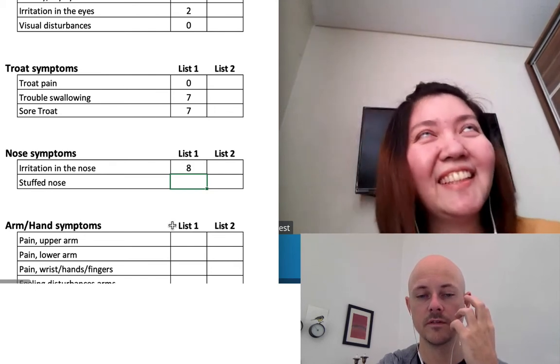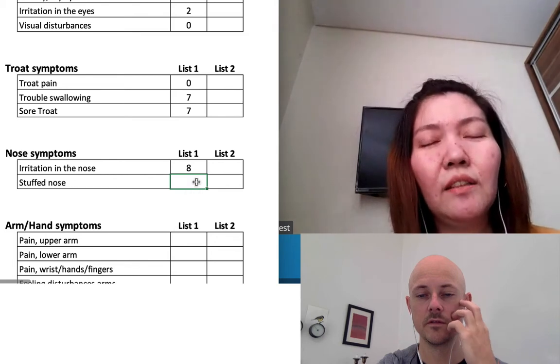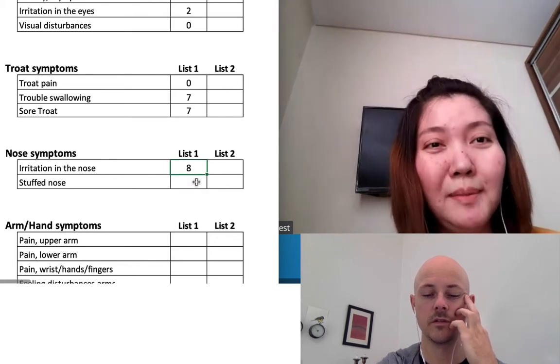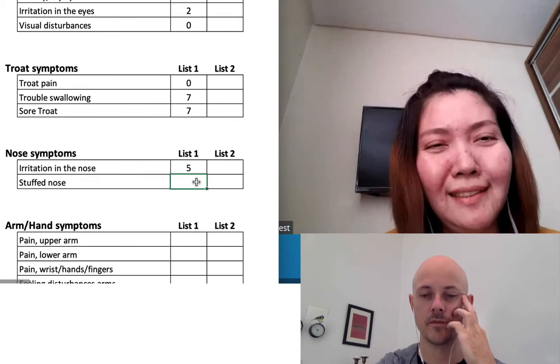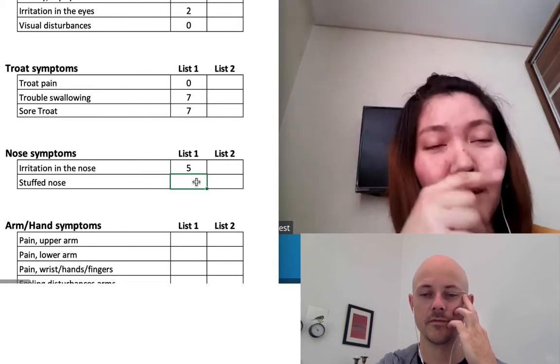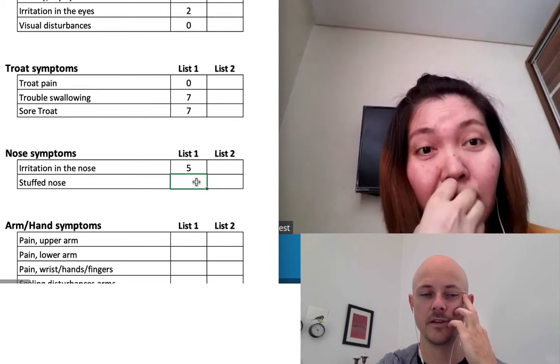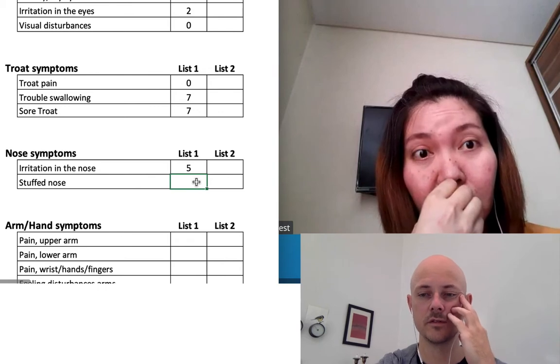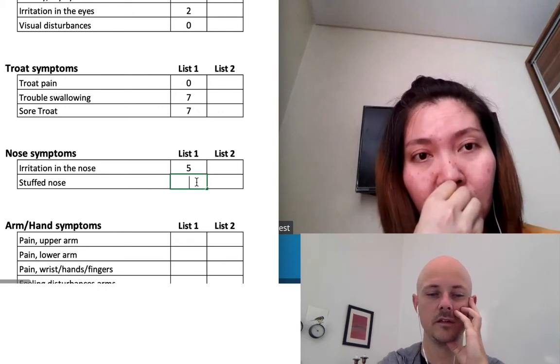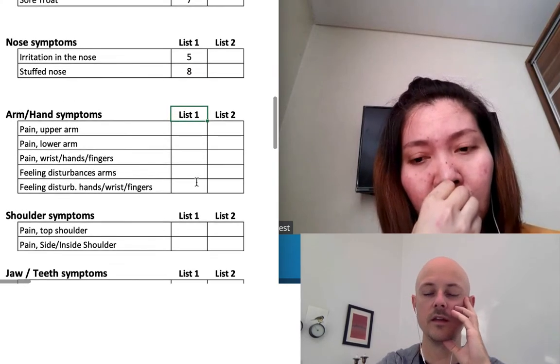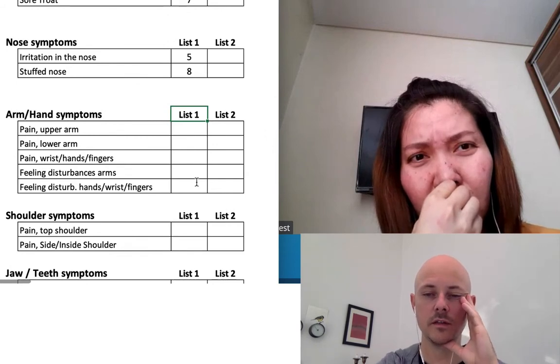So irritation, 5, because I easily sneeze when there's dust. And then stuffed nose, 8. Yeah. And then, do you have any issues with your arms, hands, and fingers?